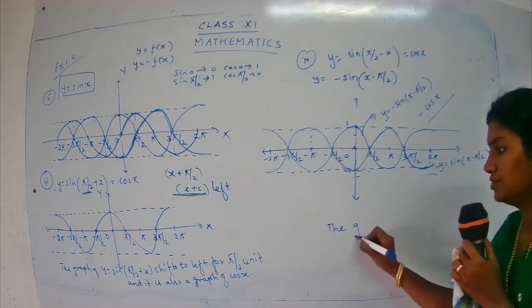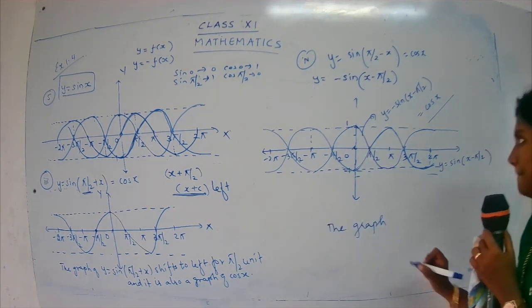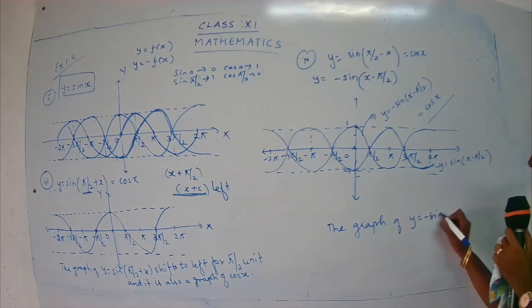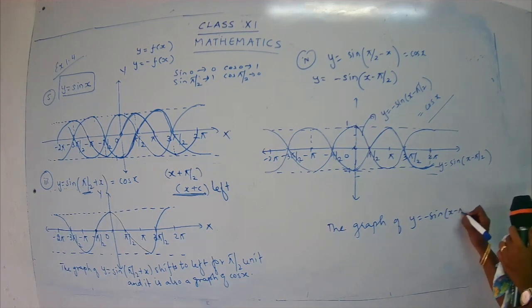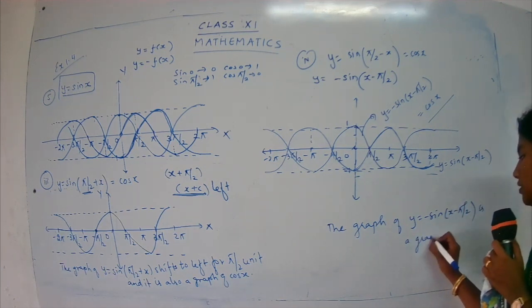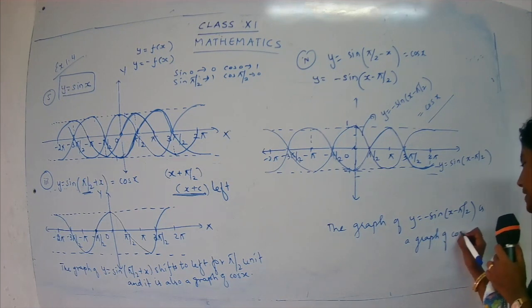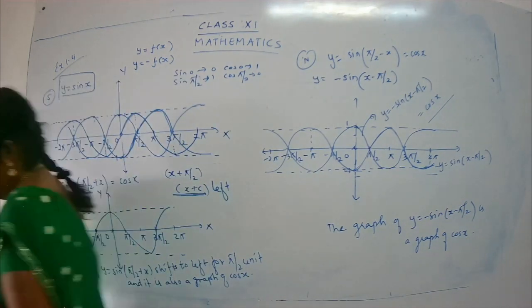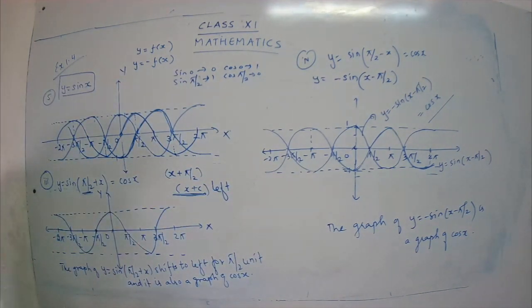So I'll write it directly. The graph of y is equal to minus sine x minus pi by 2 is a graph of cos x.